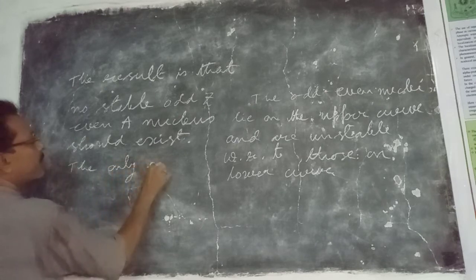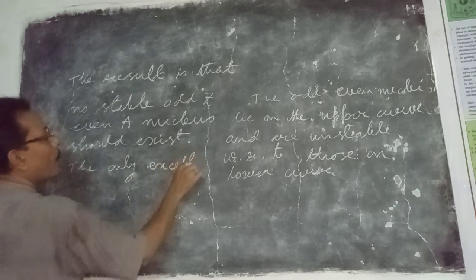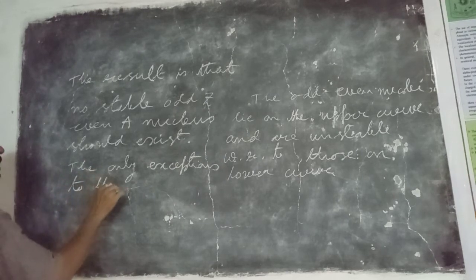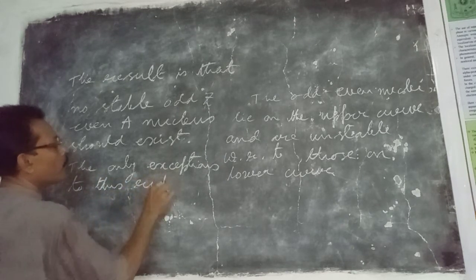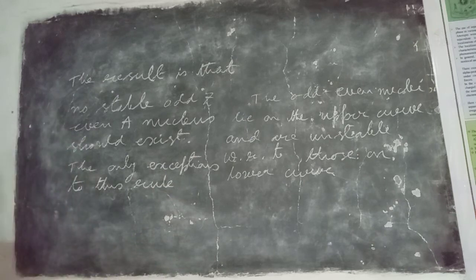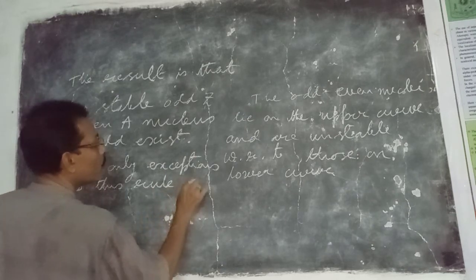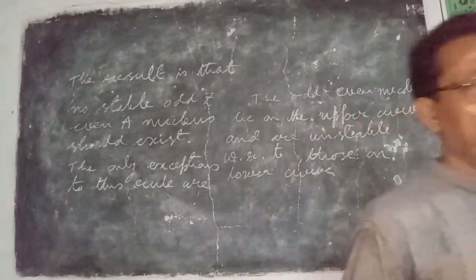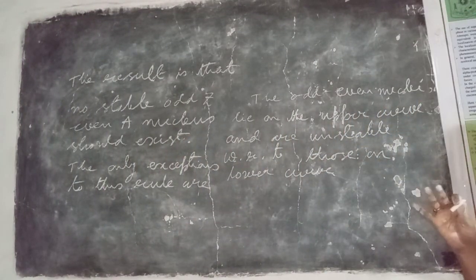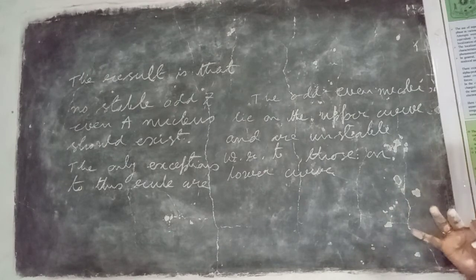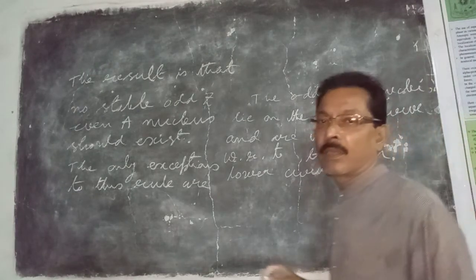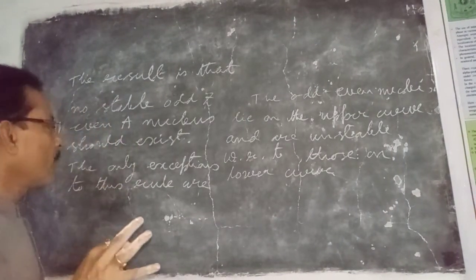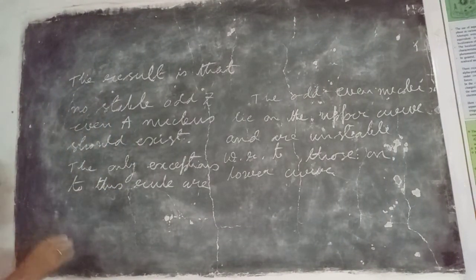The only exceptions to this rule are, what are the exceptions? Nitrogen 14, where odd Z is 7, but it is very stable. So deuterium, 1 proton and 1 neutron are there. So there are exceptions.